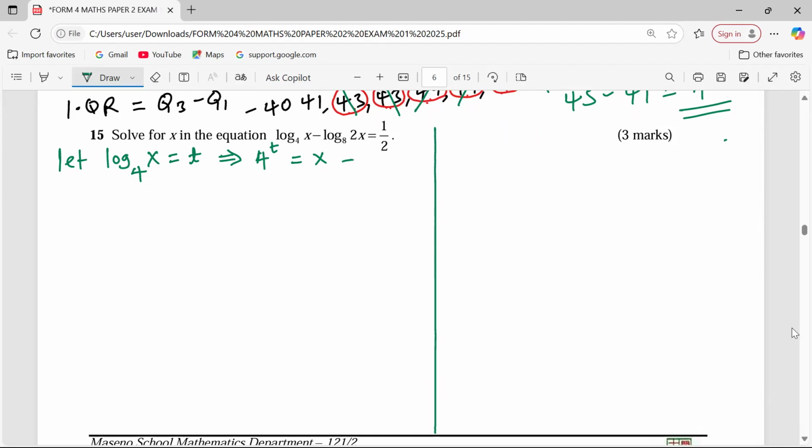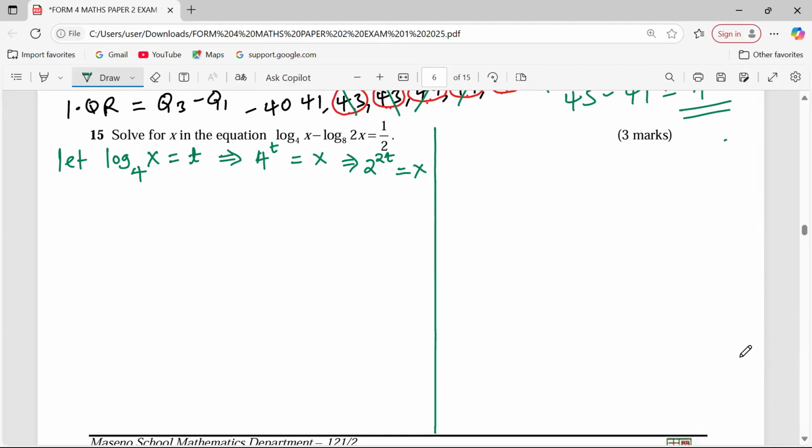And further, looking at the left-hand side of this equation, it can be 2 power 2t equals x. So the question now can change to, again, logarithms.